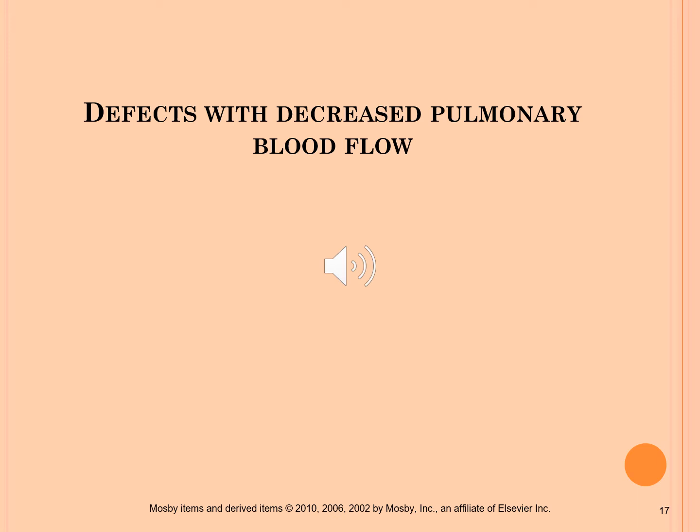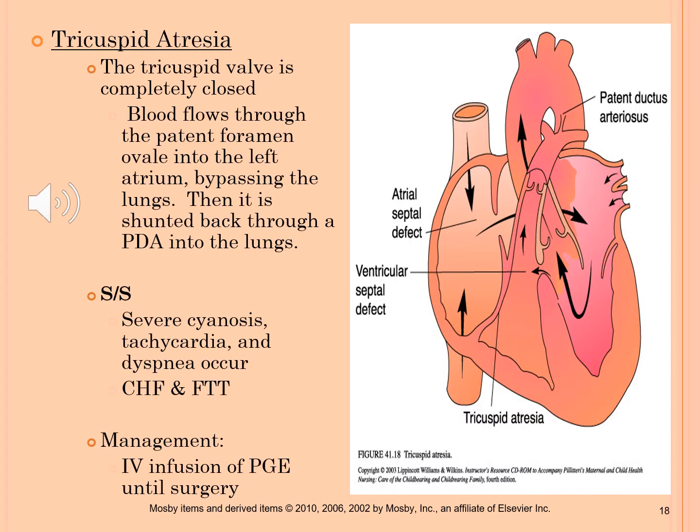People pronounce it differently. The first defect we're going to talk about that falls in that cyanotic category, right to left shunting of blood, and the subcategory of defects that decrease pulmonary blood flow, is tricuspid atresia. Tricuspid atresia is when the tricuspid valve is completely closed.